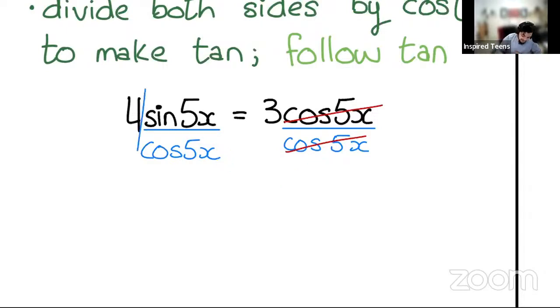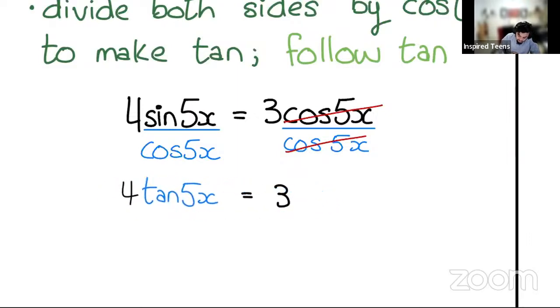But on this side, I have an identity. Sine 5x over cos 5x is actually tangent 5x, and the 4, the coefficient, stays the same. So it's 4 tangent 5x, and this is equal to 3. 4 tangent 5x is equal to 3.